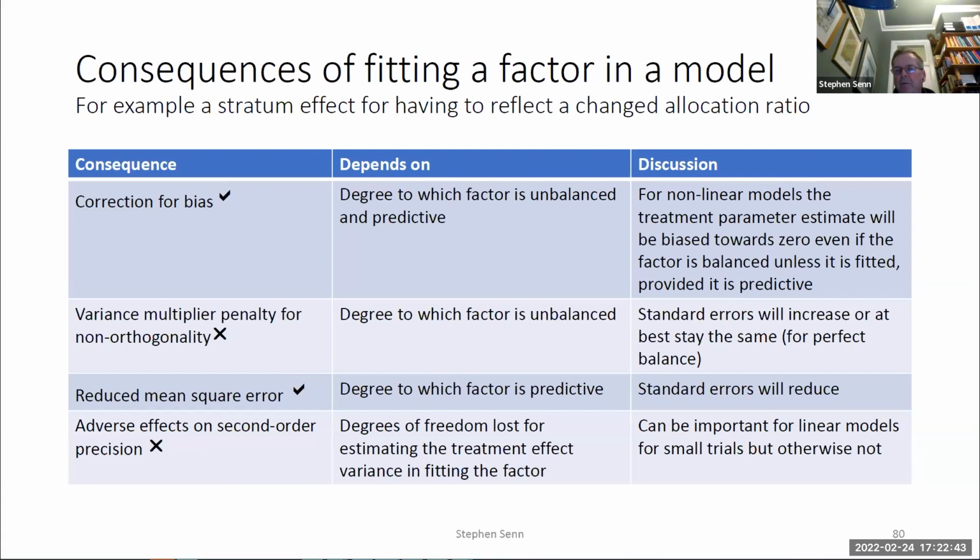On the other hand, to the extent to which the factor is predictive, for example, if there is a difference between eras as regards time trends and you fit them, then the mean square error will be reduced, and so you get a benefit for standard errors. But there's also an adverse effect on second order precision. You start using up degrees of freedom. And if you're working in rare diseases, which was an area I was looking at fairly recently, then that can be a serious point. Next slide, please.